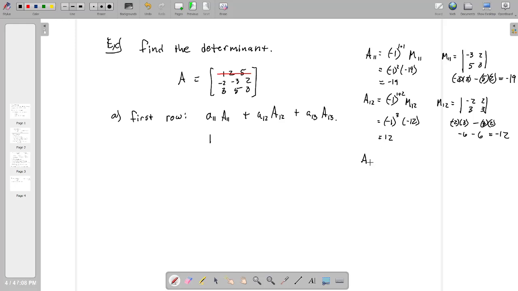And then we need to find A sub 1, 3. This will be negative 1 to the 1 plus 3 power. Now that's an even power, so this is just going to be a positive 1, times M sub 1, 3. Now M sub 1, 3 will equal the determinant of the matrix remaining after crossing out the first row and third column. The remaining matrix here will be negative 2, negative 3, 3, 5.